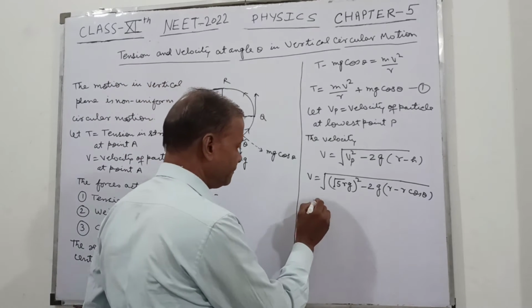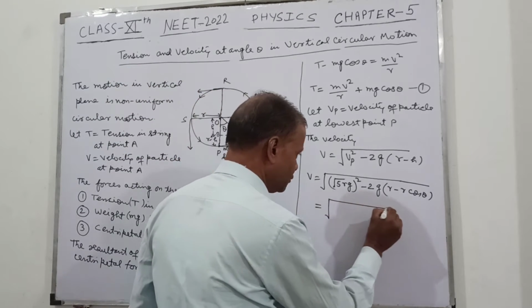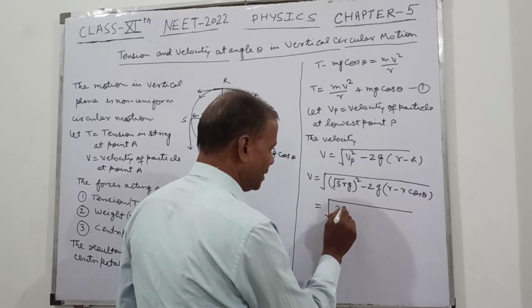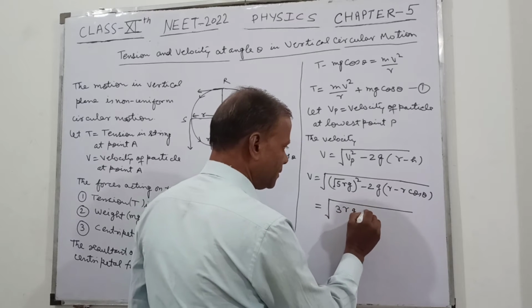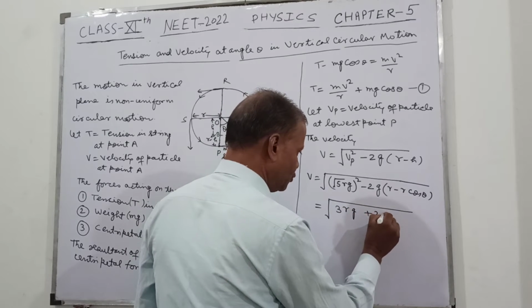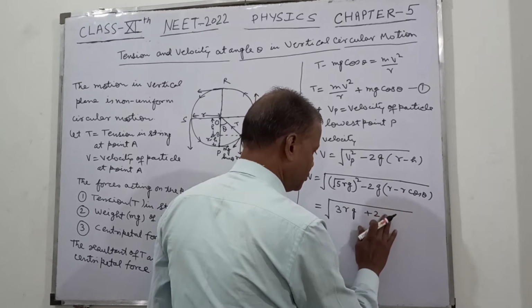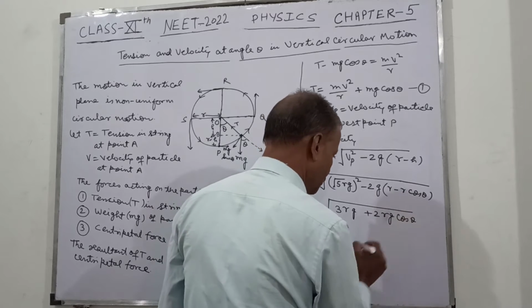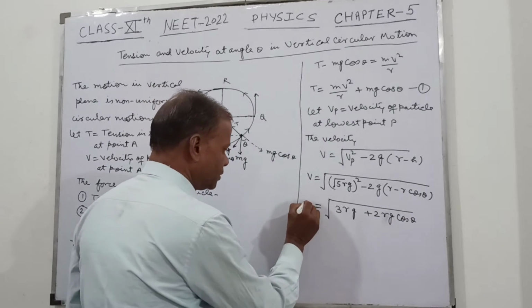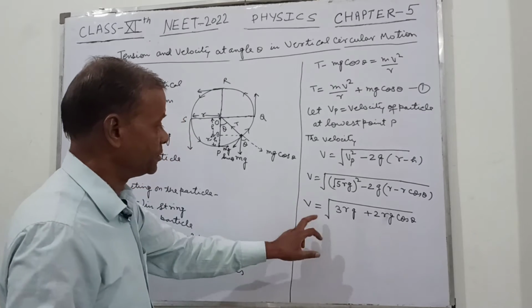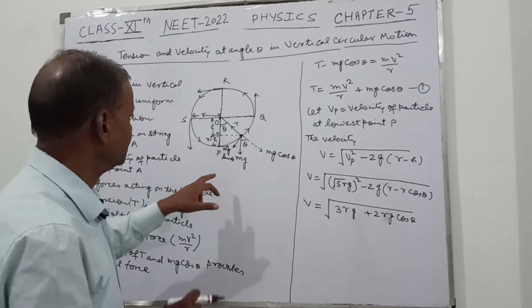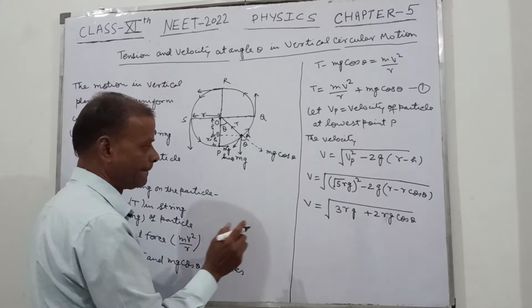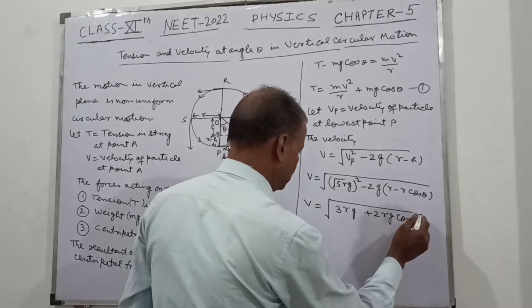So if you simplify, this will come out to be 3rg plus 2rg cos theta. This is the velocity at point A. So this is now number 2.